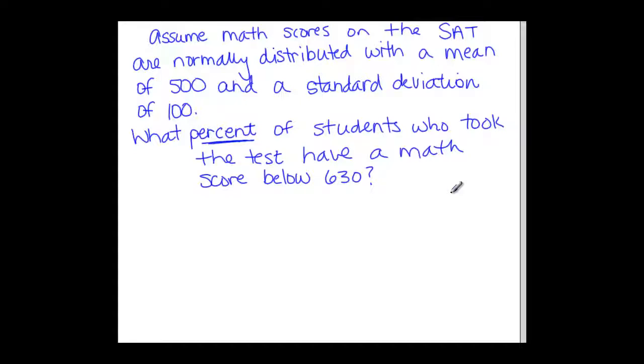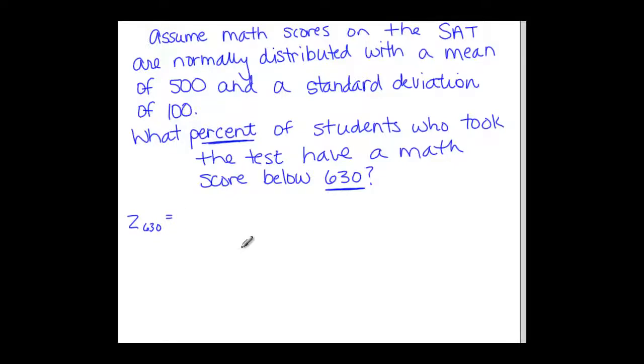So what we want to do first is change this. We have a mean of 500, standard deviation of 100, and we want to find the z-score associated with the piece of data that would be the 630. So let's find the z-score of 630.